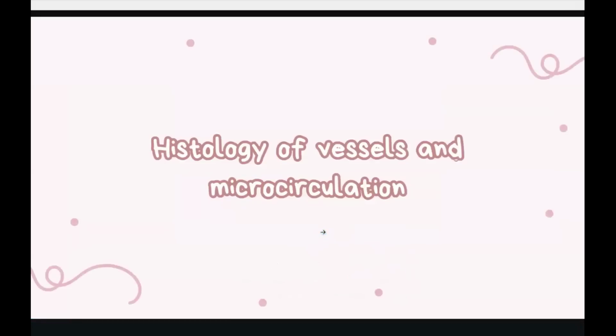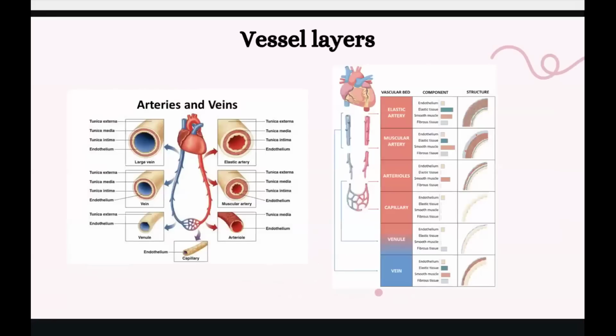Now moving on to the histology of vessels and microcirculation. For the histology, we're going to describe all of the vessels, starting from the arteries and then the smaller ones like muscular arteries, arterioles, and then capillaries and venules.